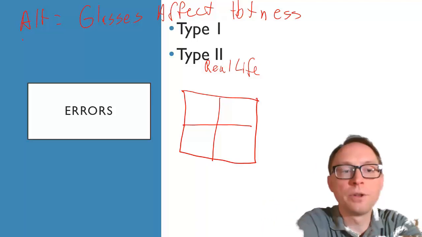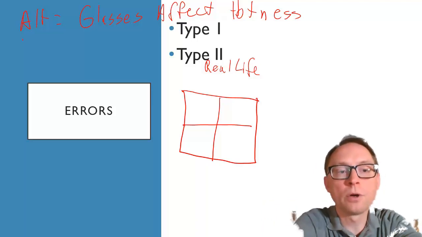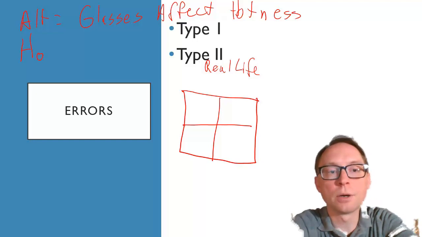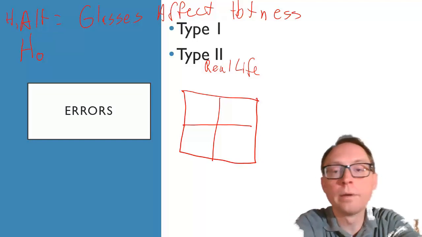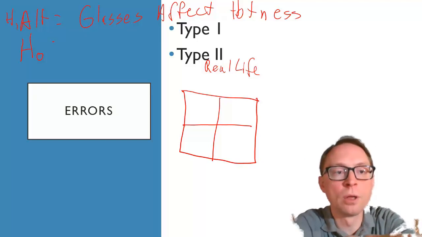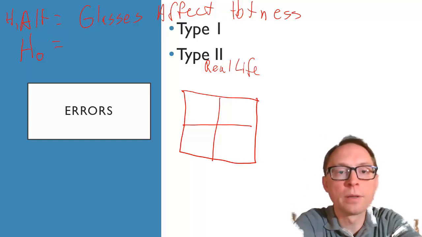That means that the null hypothesis, remember we call the null hypothesis H sub 0. The alternative hypothesis, by the way, is called H sub 1, depending on how many hypotheses you have. So H sub 0 is going to be glasses doesn't affect hotness.